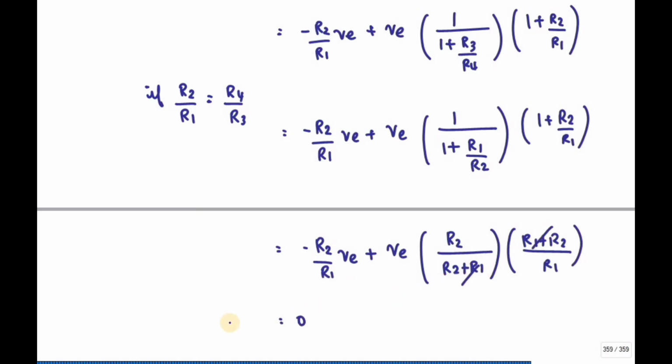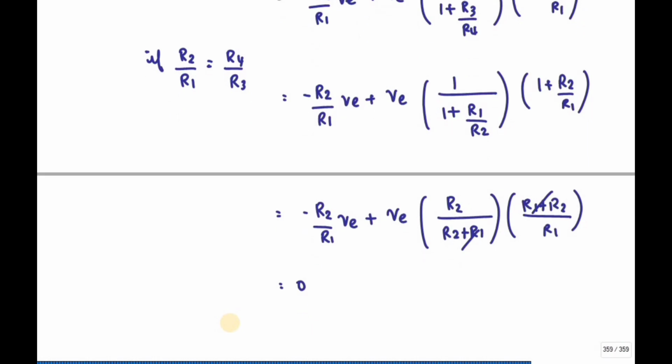These two get cancelled out, so V naught is equal to 0. The common mode gain AC, that is V naught by VCM, is equal to 0.